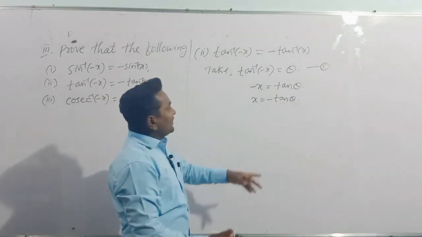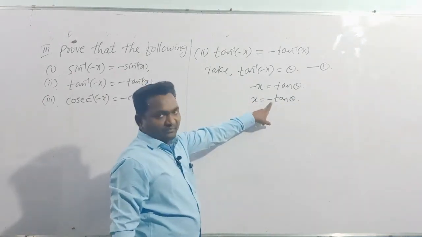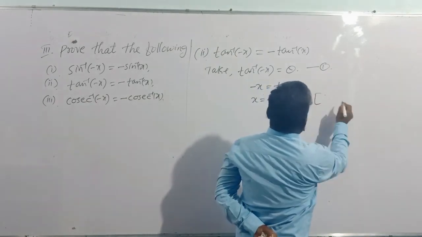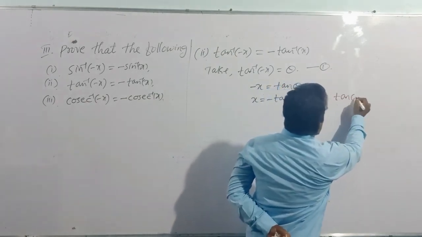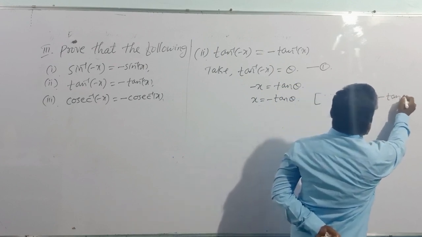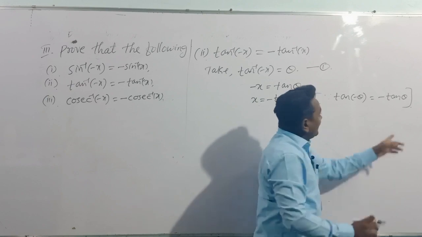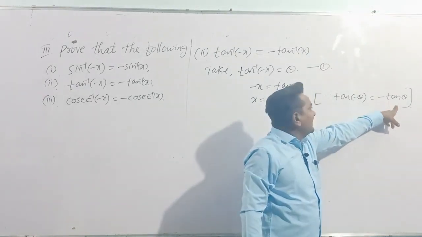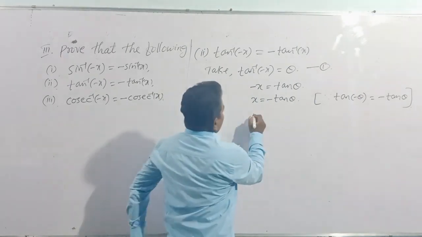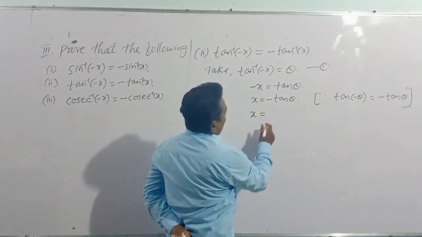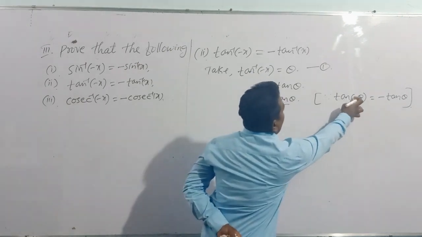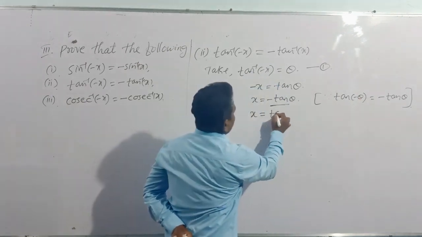You have to cancel out this negative sign, because tan of minus theta is equal to minus tan theta, already we know. In place of minus tan theta, we put tan of minus theta.